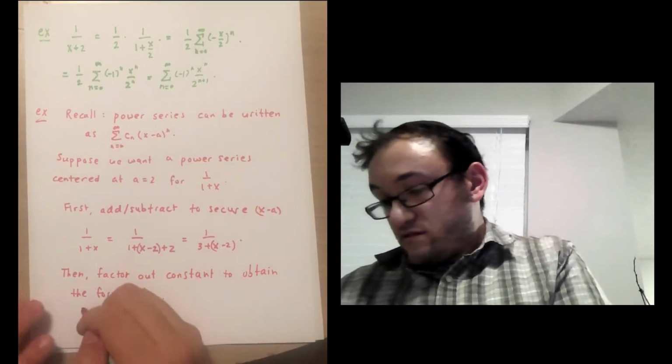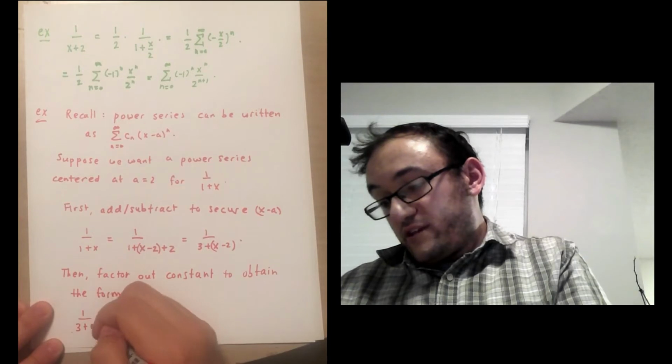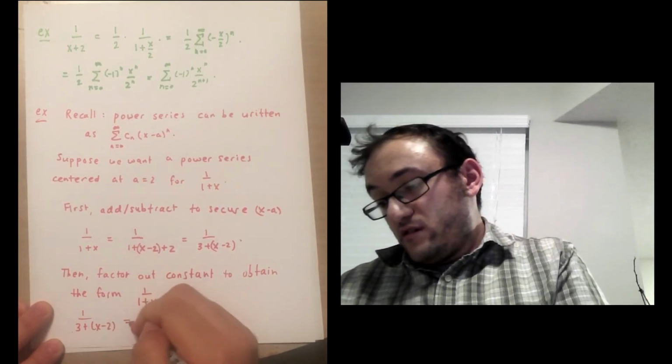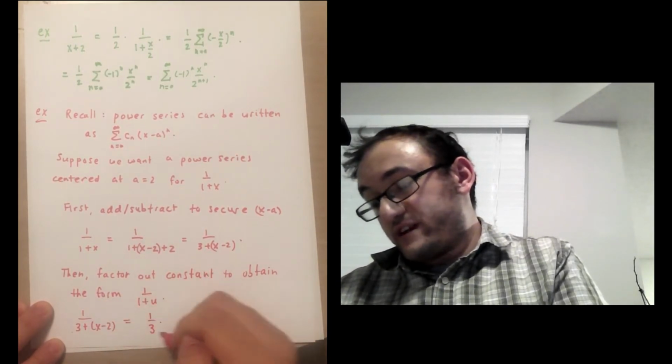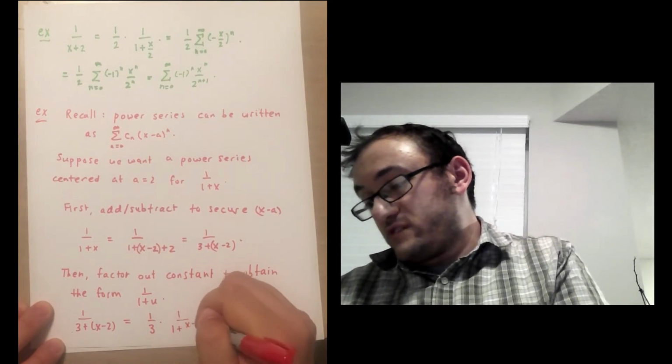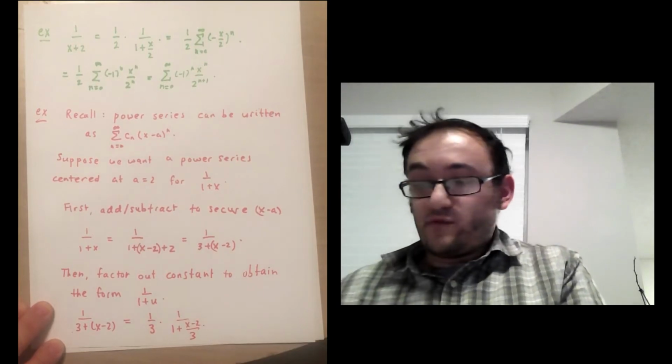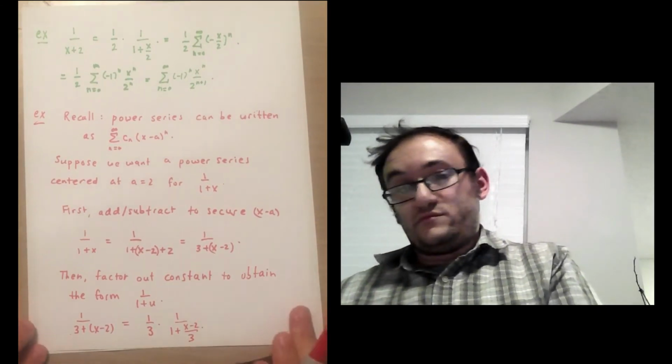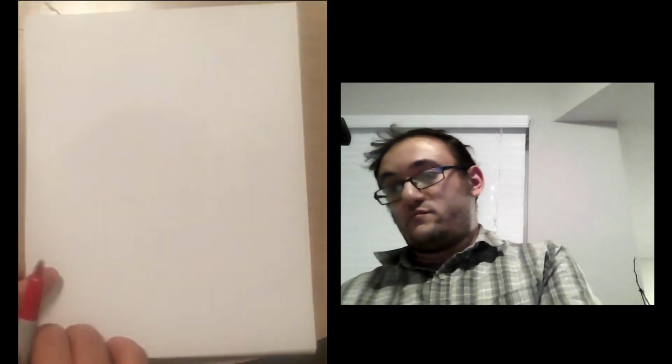So for us, 1 over 3 plus x minus 2 equals 1/3, okay, factoring out the 3 from the denominator, times 1 over 1 plus x minus 2 over 3. Okay? So from 1/3 times 1 over 1 plus x minus 2 over 3, we can put the geometric series formula to work.